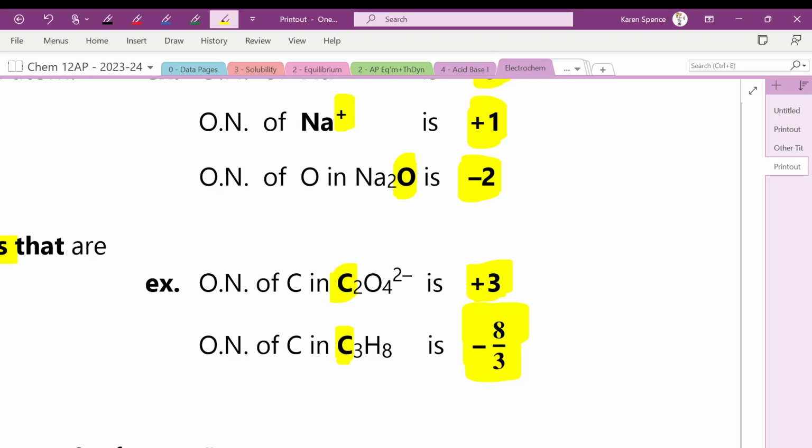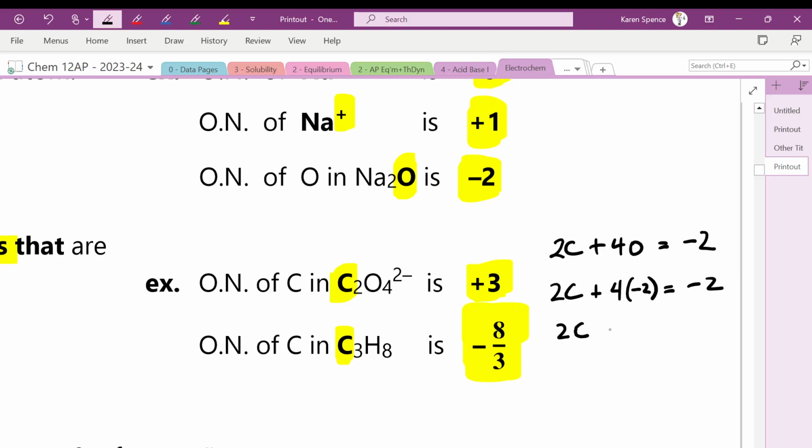So we have O4. Here's how we're going to do it. This is just a preview of the technique. We're going to say I have 2 carbons, I have 4 oxygens, and my net charge is -2. So I have 2 carbons that I don't know the charge of. I have 4 times -2 because oxygen is -2, and my net charge is -2.